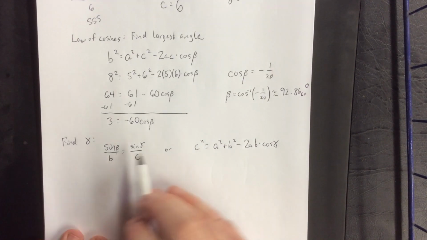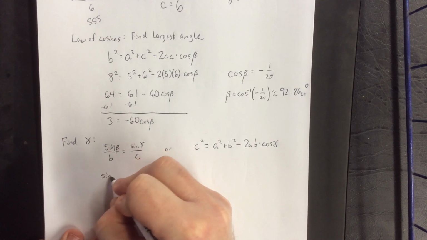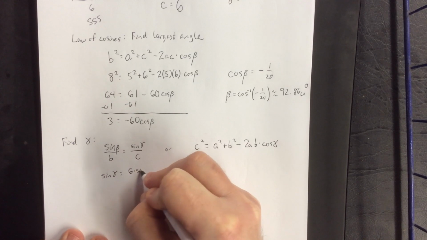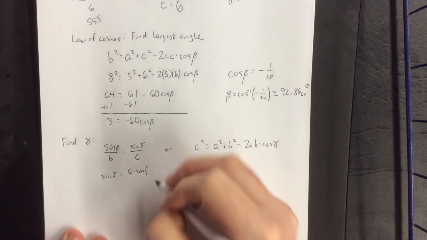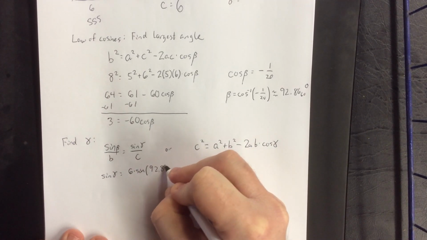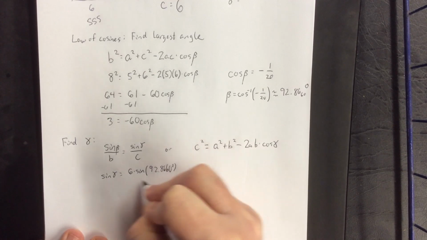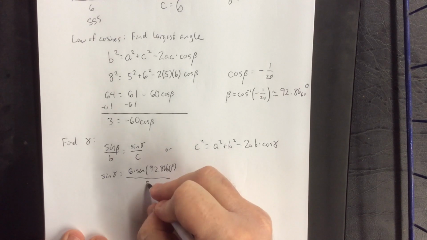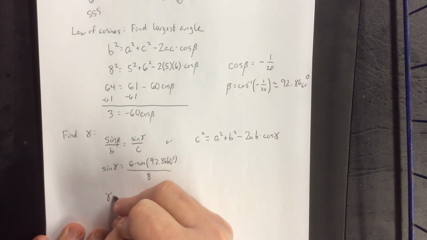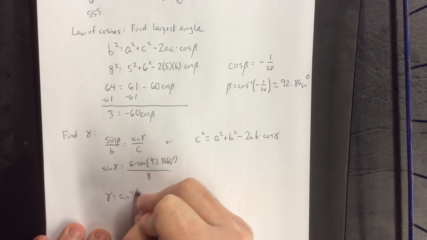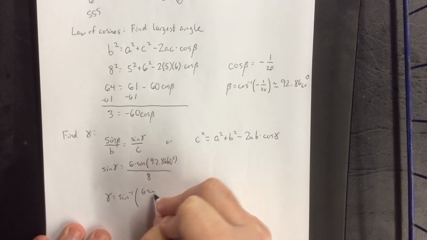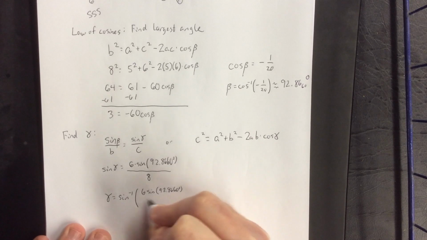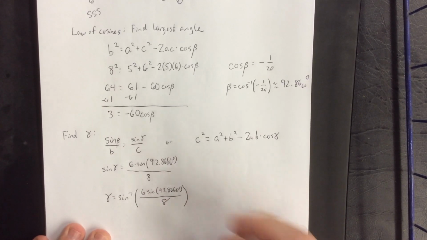Now, doing a little bit of algebra here to shorten the process, multiply by c, we'll have 6 times the sine of, I'm going to use the version with a couple extra decimal places in here, divided by b, which was 8. Then we can apply an inverse sine to all of this. Now I'm not going to grab the calculator yet because I'm going to perform the necessary algebra for the law of cosines version as well, and then we'll do a comparison of our results.